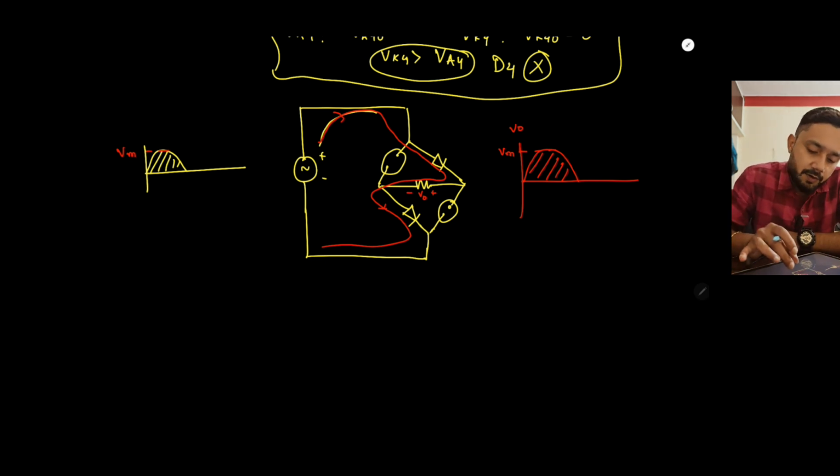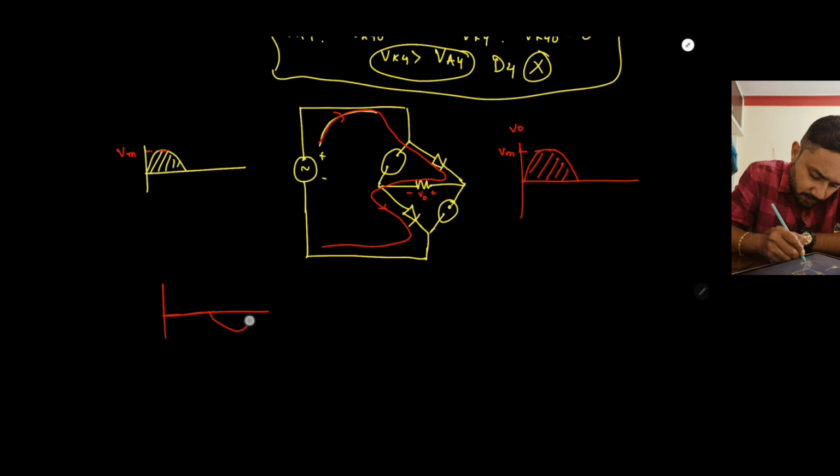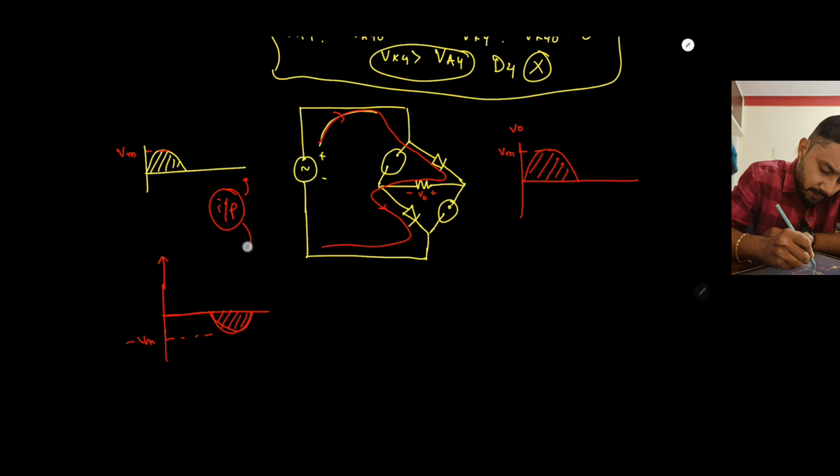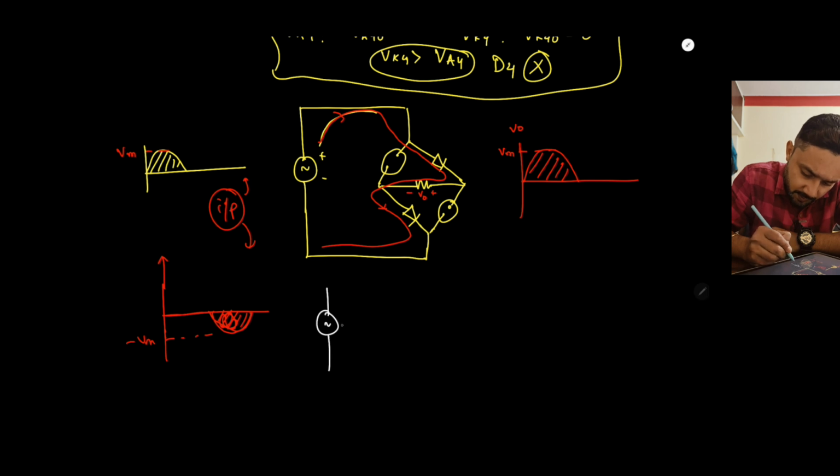Now similarly check for what will be the waveform of the output voltage when there is negative cycle. So this is the negative cycle. So when there is a negative cycle, this will be the polarity.